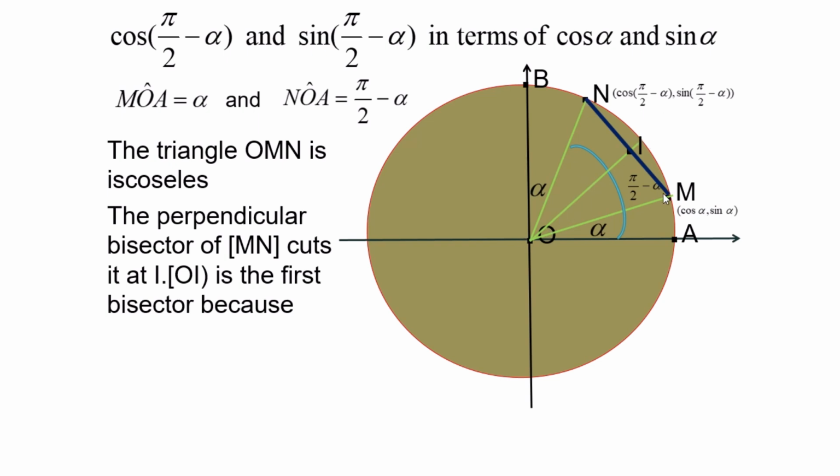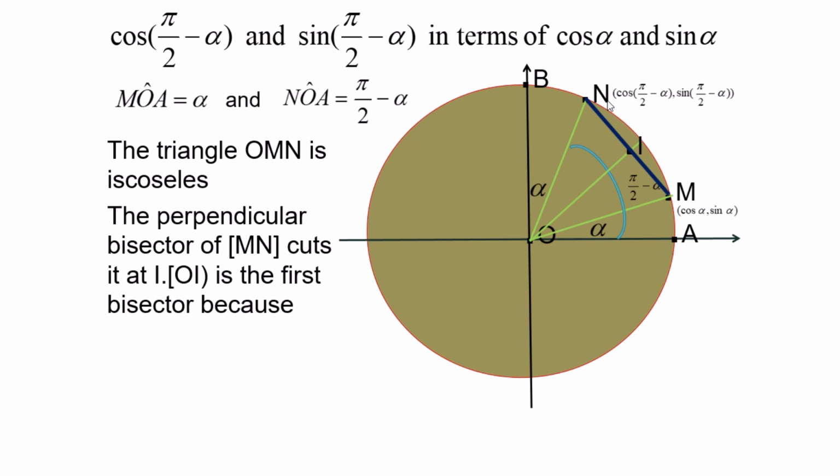But in fact, here we have beta plus alpha, and beta plus alpha from the other side. We conclude that the bisector of angle XOY, which is the first bisector, OI is the first bisector.